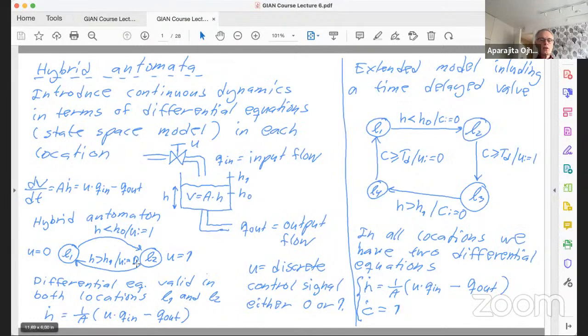And in these different locations, we could have different differential equations. And then you have a switch between these different locations. And the idea is that, okay, here one differential equation is valid, and in this location, another differential equation is valid.